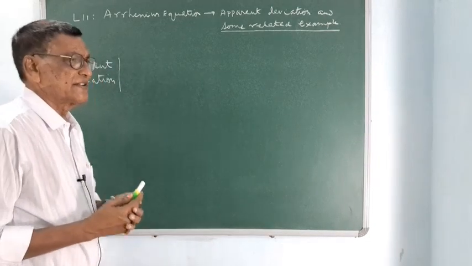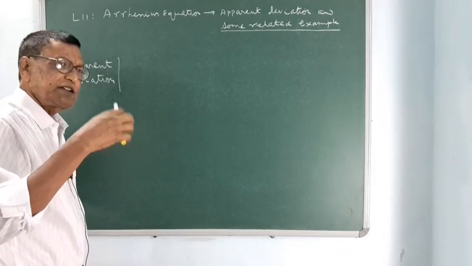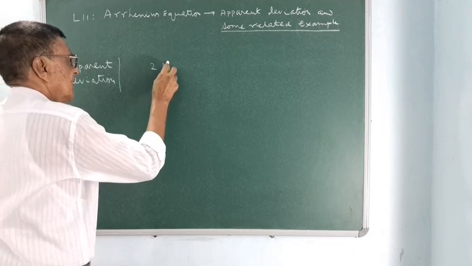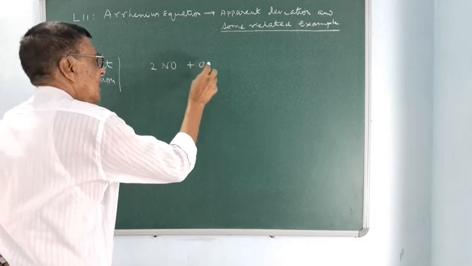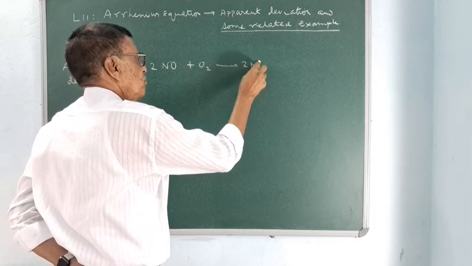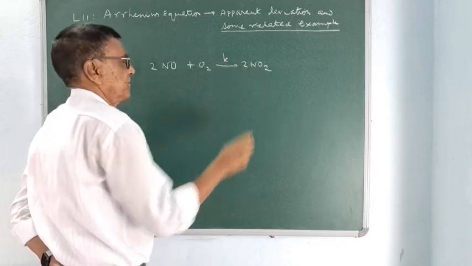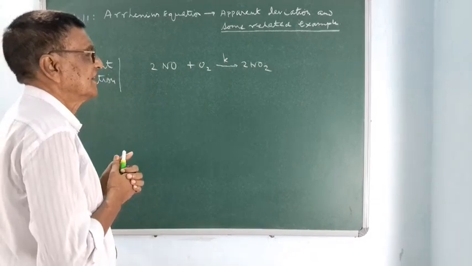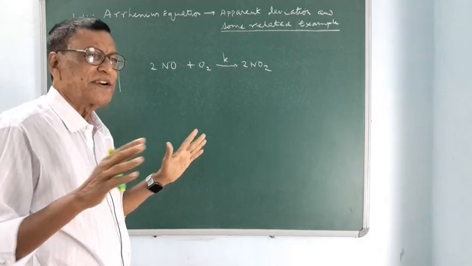Suppose one reaction is the oxidation of nitric oxide, 2NO plus O2 giving 2NO2, with rate constant k. It is a complex reaction. It consists of several steps.